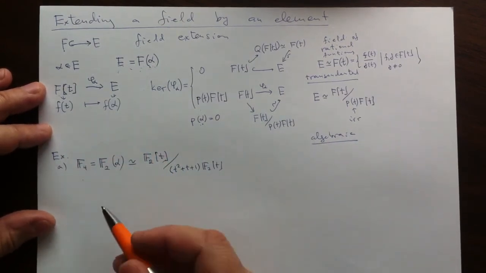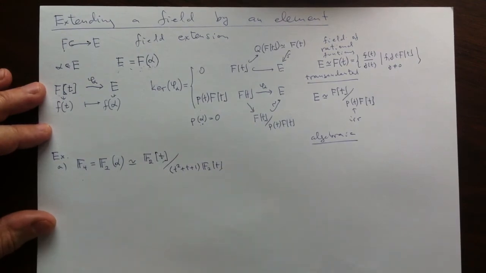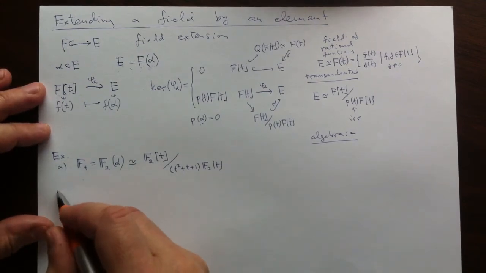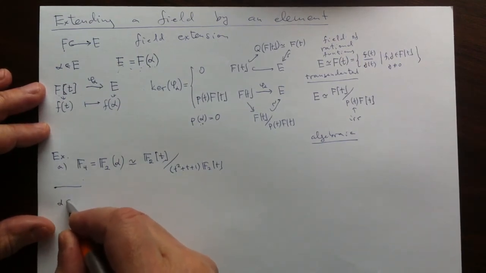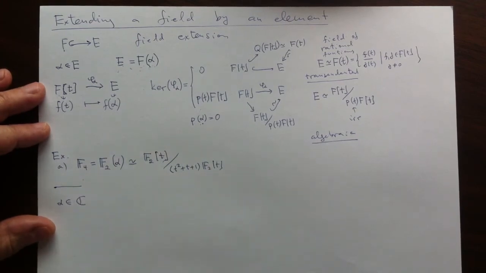And the next class of examples would be about complex numbers. So I'll draw a line here. Then let me start with a complex number. We'll call it alpha.